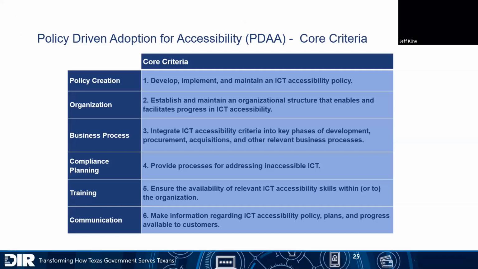Organization: do they have somebody with accessibility stamped on their forehead and have pieces and parts in place throughout the organization to make sure that they can implement accessibility consistently, which includes integration of accessibility criteria into all the phases, providing processes for addressing inaccessible ICT, making sure that they have skills in place, and then making sure that they have information that they can share with customers on their policy, their plans, and that can even include VPATs or VATSers, making sure that that is all accurate and they have the ability to share it.